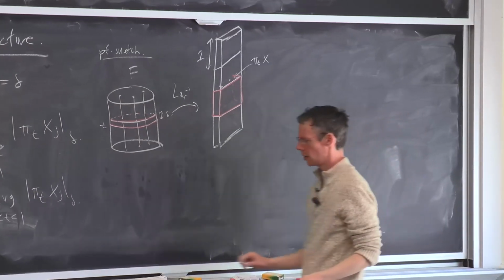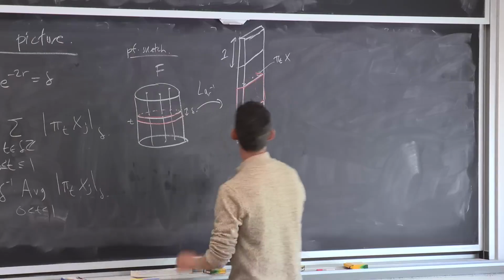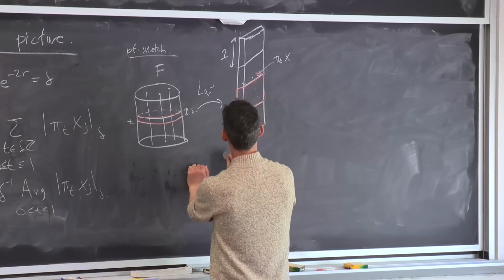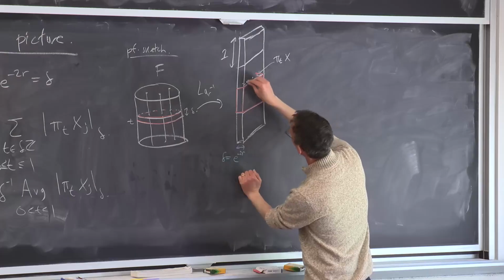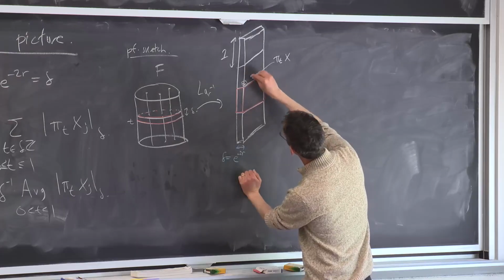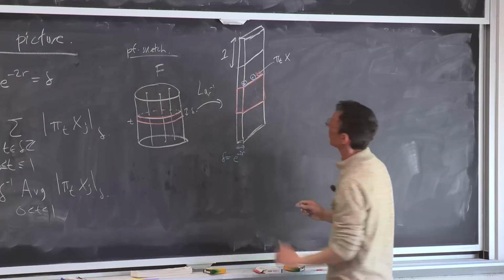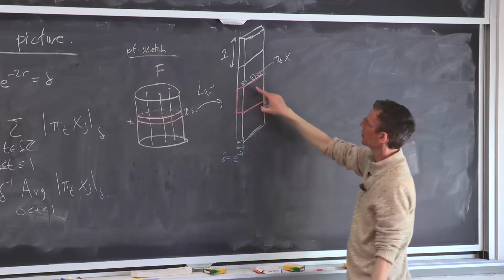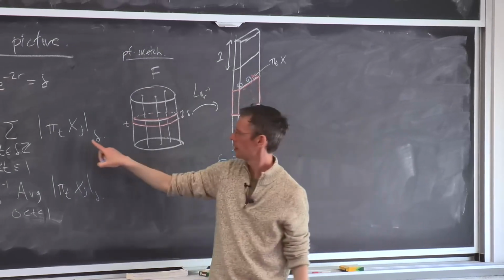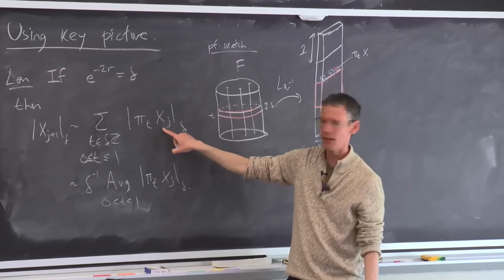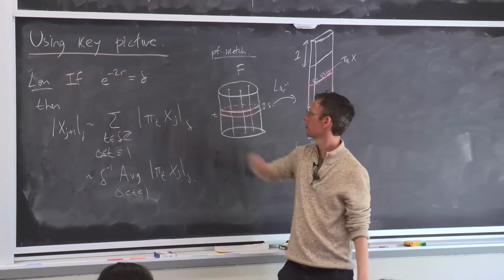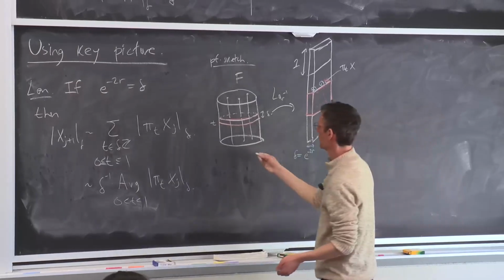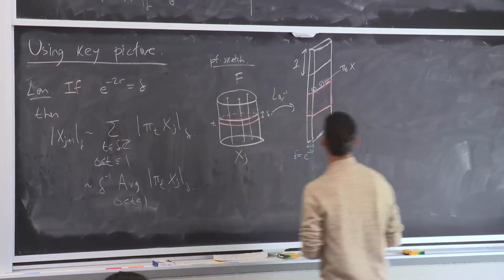OK, now we want to cover things with delta balls. So this distance here is e to the minus 2r. So that's delta. So we want to know how many delta balls it takes to cover that. So that number there is the delta covering number of pi t of xj. So over here, we started with xj.